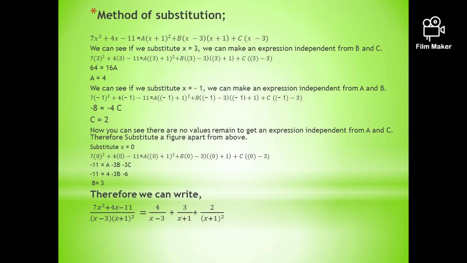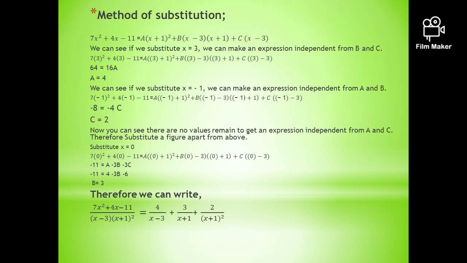If you substitute 3 into the left hand side, 7 times 3 squared plus 4 times 3 minus 11 equals a times (3 + 1) squared plus b times (3 - 3)(3 + 1) plus c times (3 - 3). With those terms cancelled, you will get 64 equals 16a. Just work it out and try to understand. There you get the answer a equals 4.